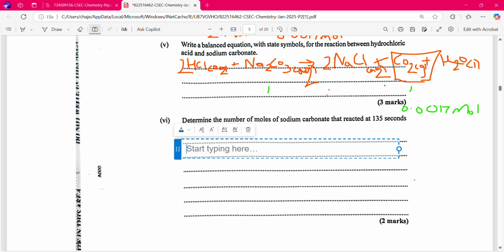Yes, somebody, what could I say to tell them that this is the amount of mole of sodium carbonate that reacted? Tell me your reasoning.